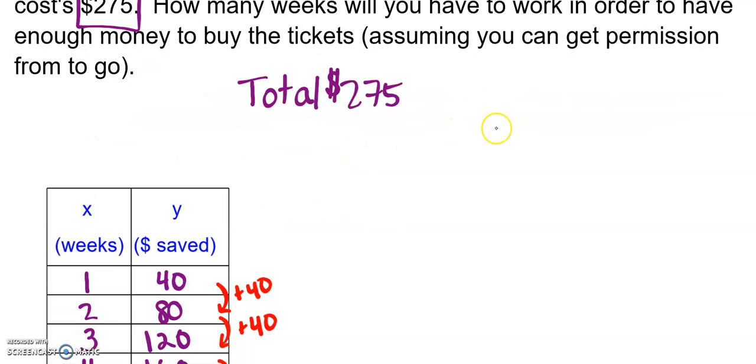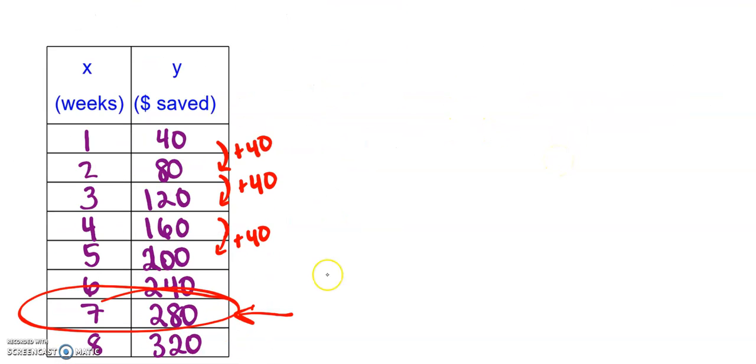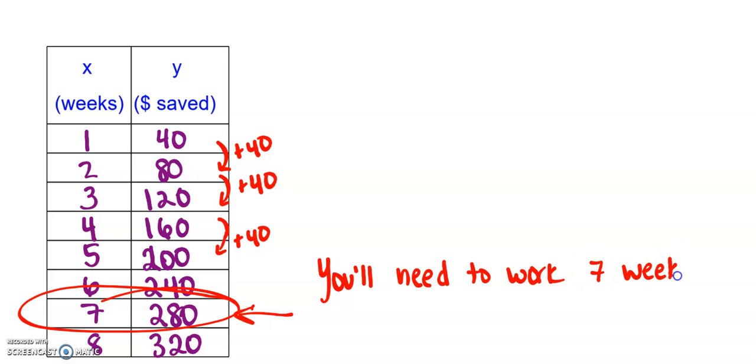So how many weeks will you have to work? To answer that question, you'll need to work 7 weeks to afford those tickets. Now, in case you're curious how this relates to linear equations, anytime you add the same quantity, this is called a constant change.